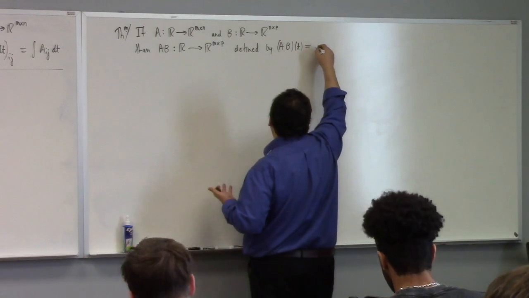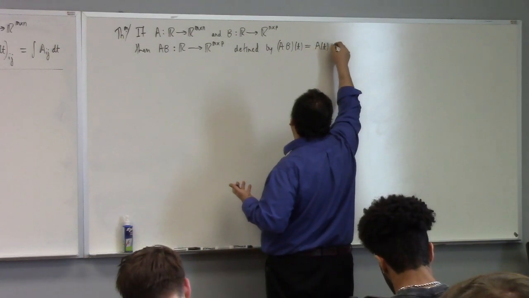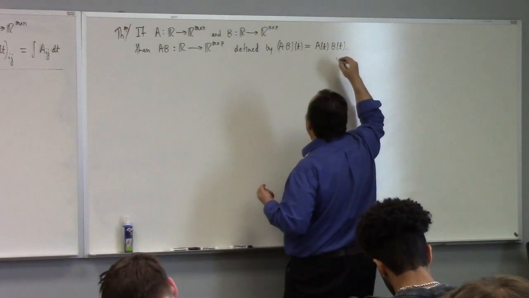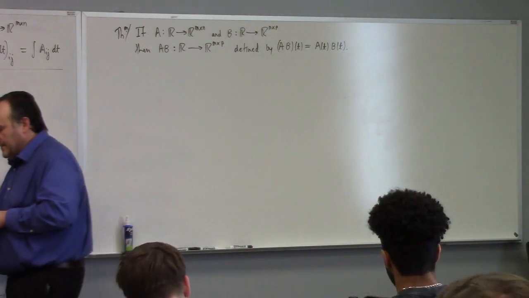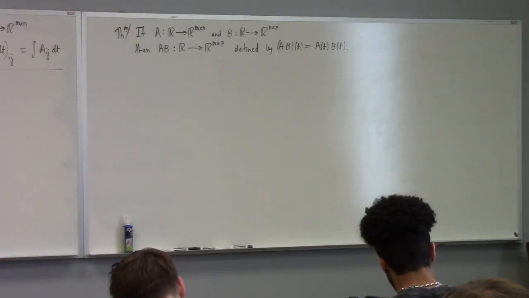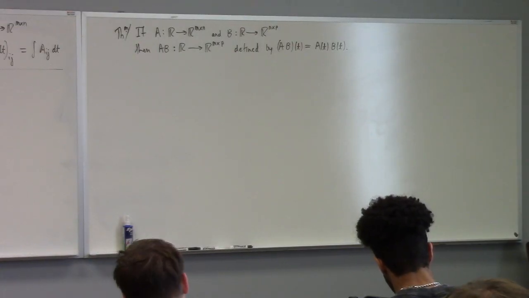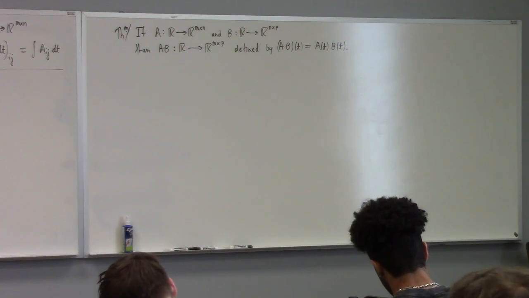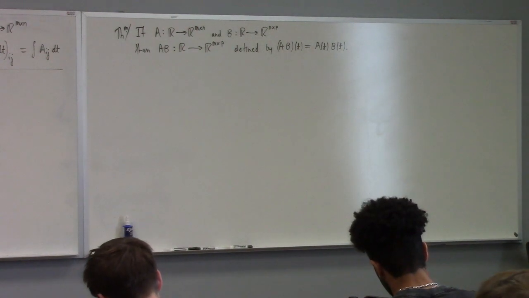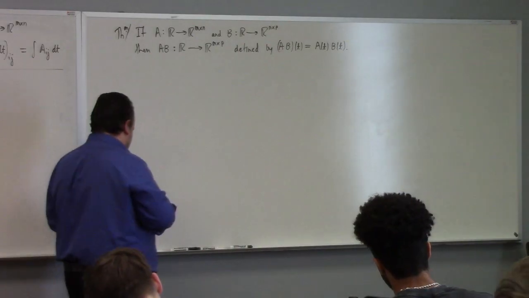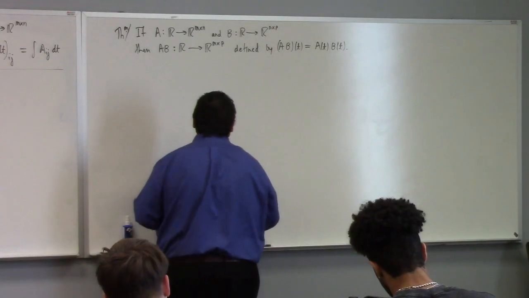This is very silly, but A of t times B of t. So what I'm saying is we multiply matrices of functions simply by multiplying the matrix of their values. In a given semester of 221, I may forget to even define this, all right? But anyway, I've said what I've said.